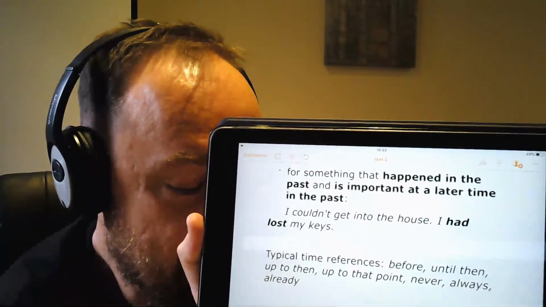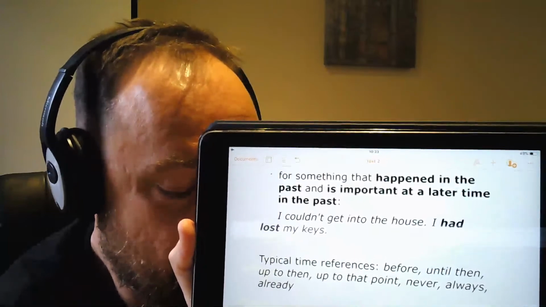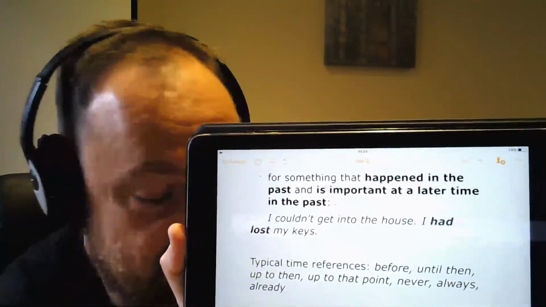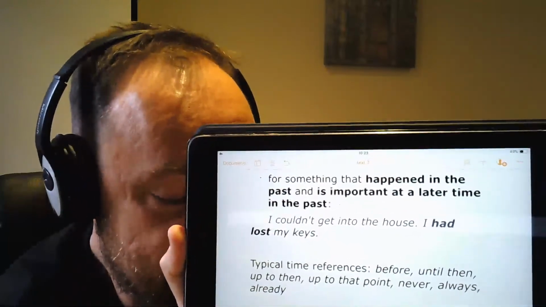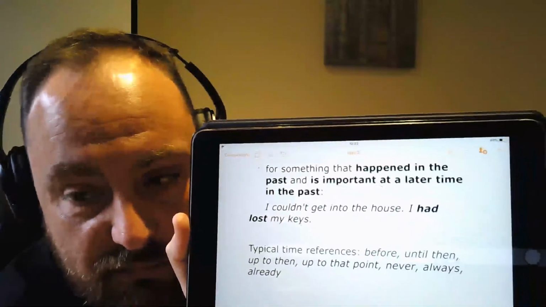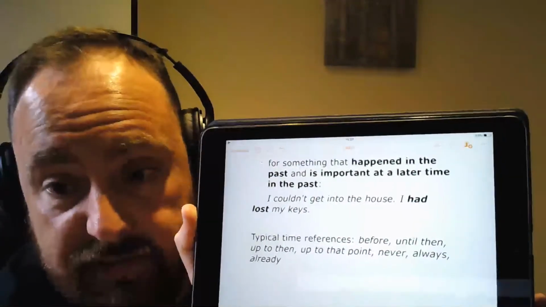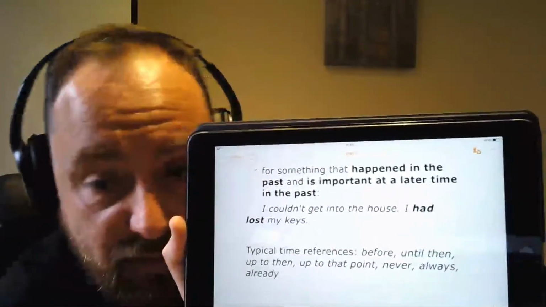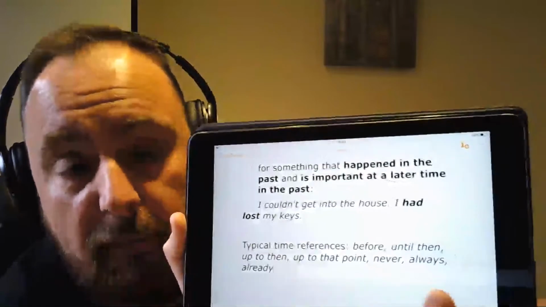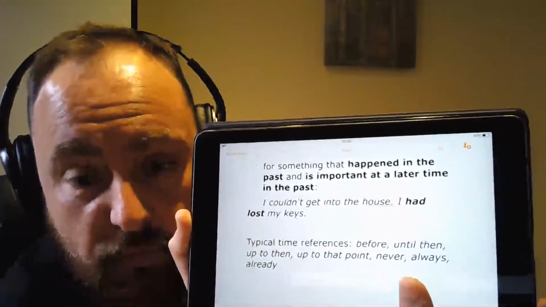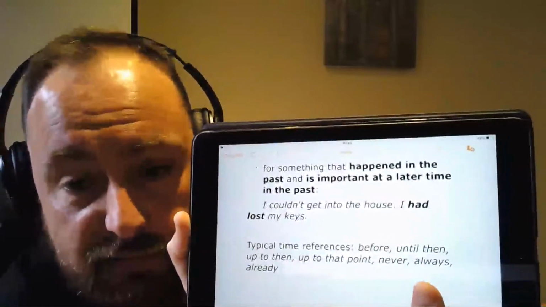For something that happened in the past and is important at a later time in the past. I couldn't get into the house. I had lost my keys. So I couldn't here, this is past simple, the past of can't. And I had lost my keys. So again, before this point in the past where I couldn't, I had lost my keys.